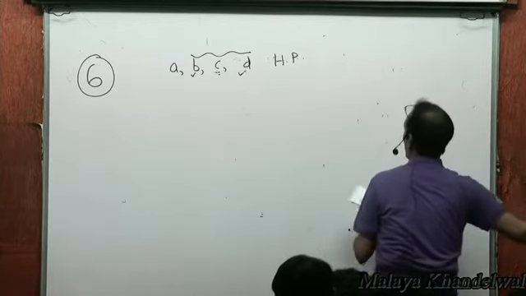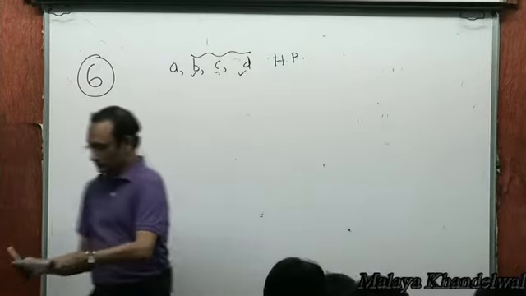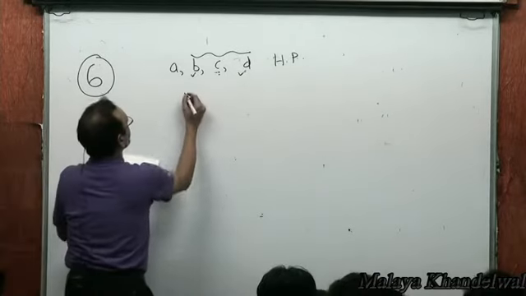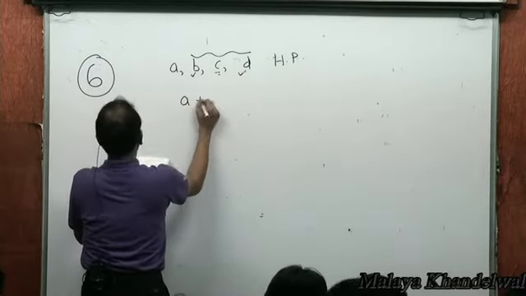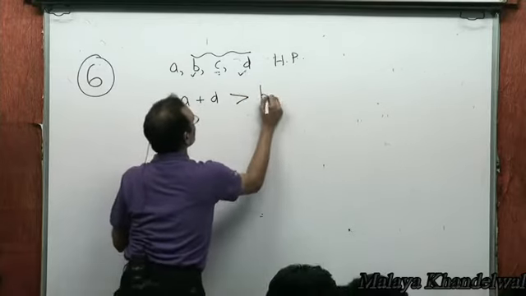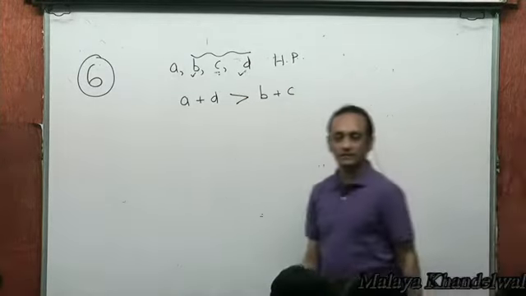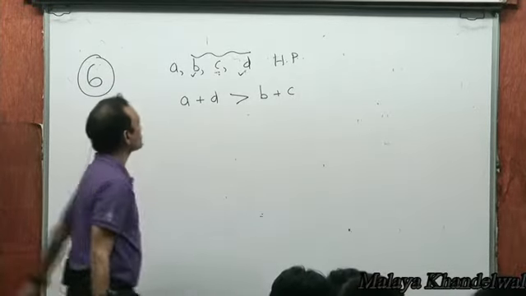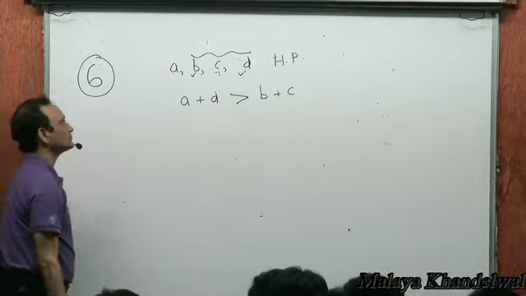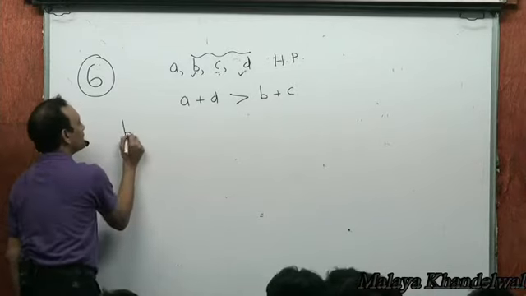Okay, the next part of the problem is we need to show that A plus D is bigger than B plus C. Now, what is B?